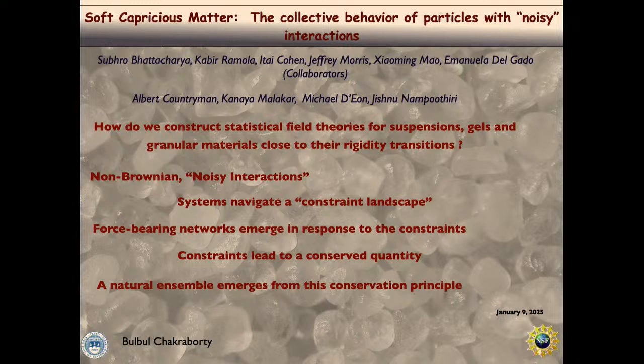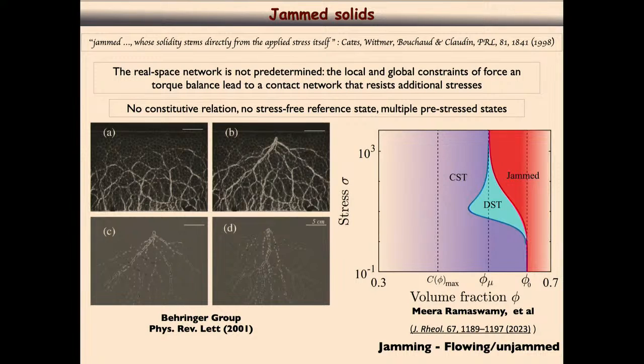So before I go into talking about what is this theoretical framework that we have, let me give you some examples of the kinds of systems that I'm thinking about. So where I started from are granular systems.